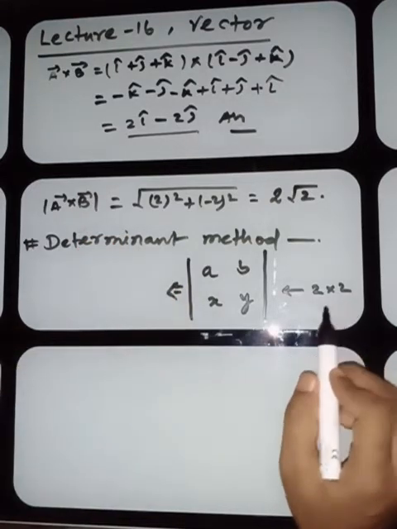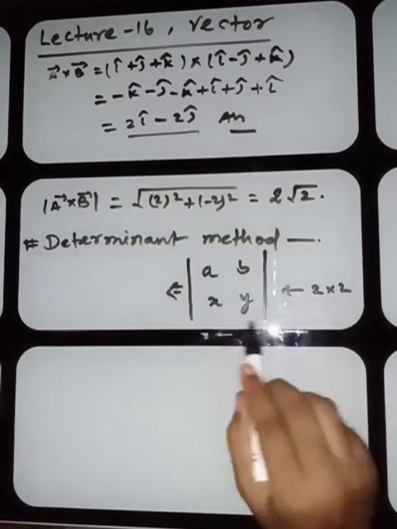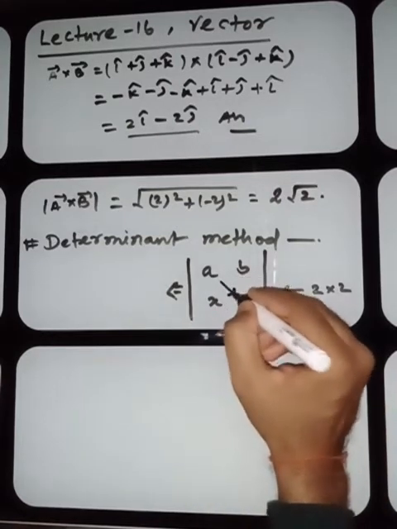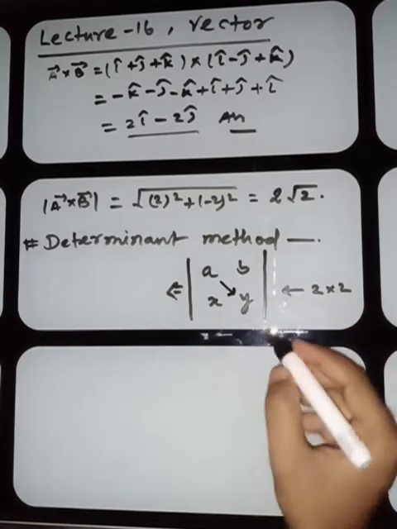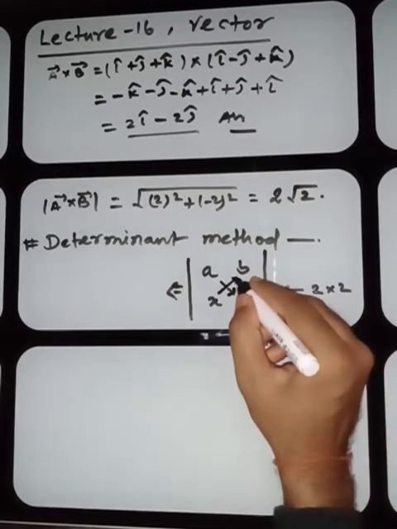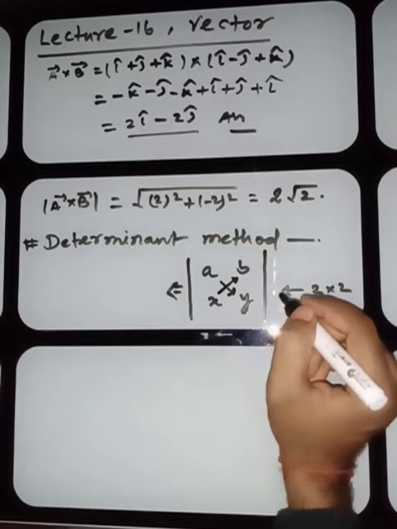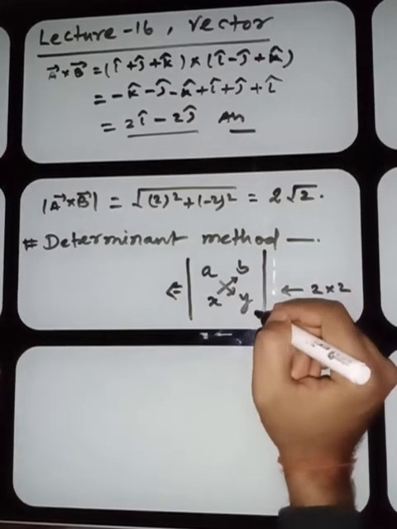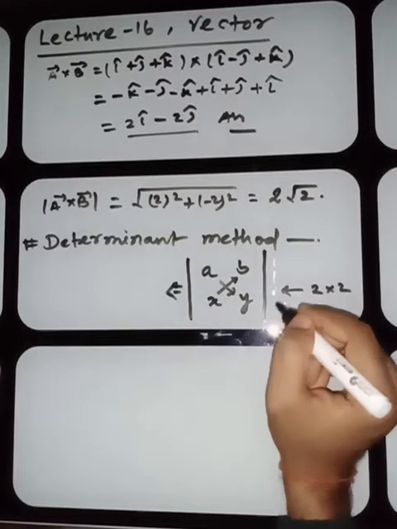And the answer of this determinant will be: you have to find the cross product of this one, then minus the cross product of this one, and this is the answer. All right, my dear students. So let me find the answer.